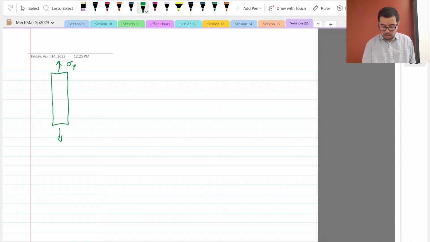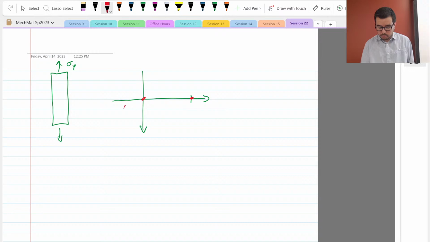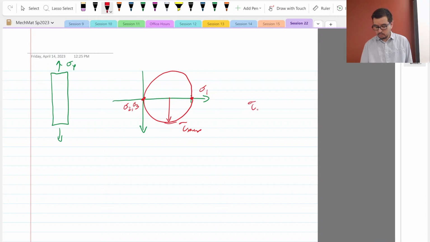So in this case, if I have a uniaxial load, I have one principal stress out here, and I have zeros for sigma 2 and sigma 3. And we can say that tau max is just equal to sigma 1 over 2.